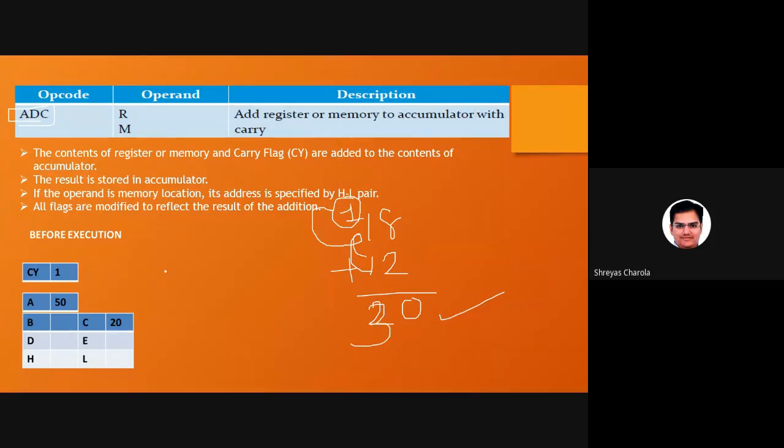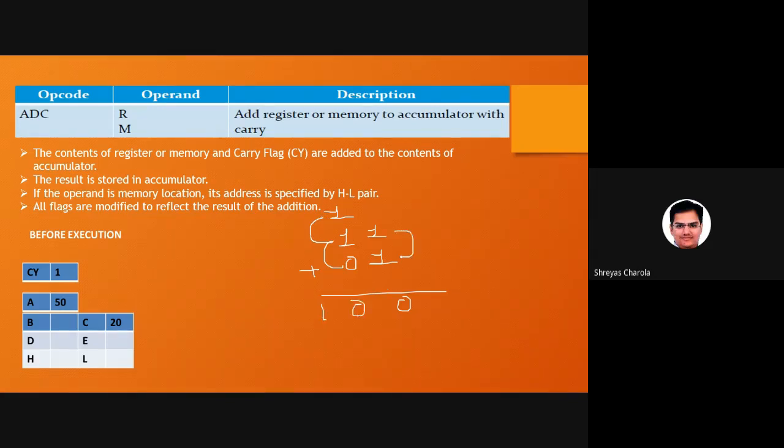So here also the same thing. Let's consider a binary number addition. If you have 1 1 plus 0 1, what happens? 1 plus 1 is 0 and the carry is 1. So the carry is 1, so 1 plus 0, and again the answer should be added with the carry. Then and only then you will get the correct answer. So 3 plus 1, 4.